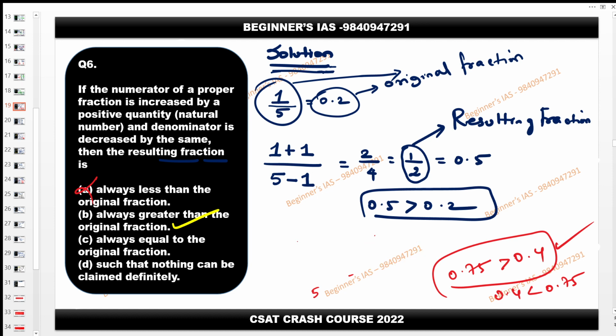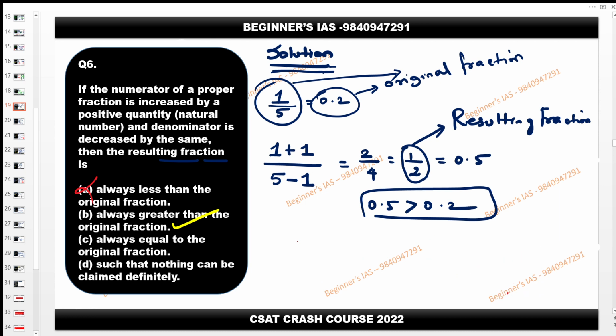A proper fraction is nothing but one where the numerator is lesser than the denominator. So in that model, you can put any number. I have taken 1 in the numerator, adding there and subtracting in the denominator. So it's a simple thing. Anybody having a doubt here with this one? No, right?